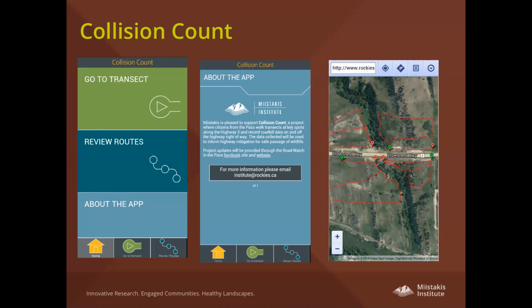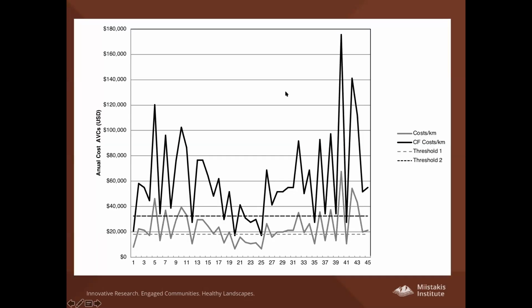And this project ran for a number of years. And what we found was that we were able to use that information to actually calculate a correction factor. And that correction factor we calculated as being 2.6.